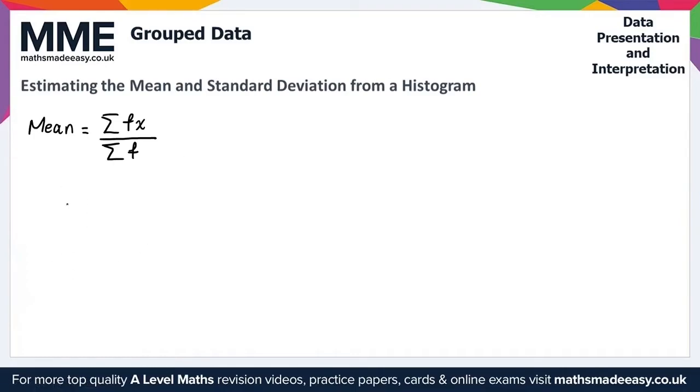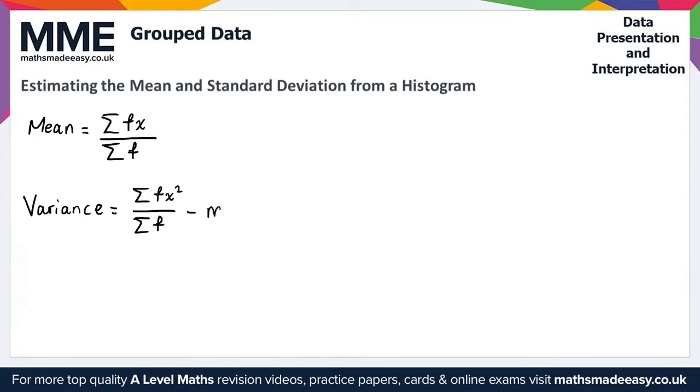For the variance, this is given as sigma fx squared over sigma f, and we minus the mean squared.